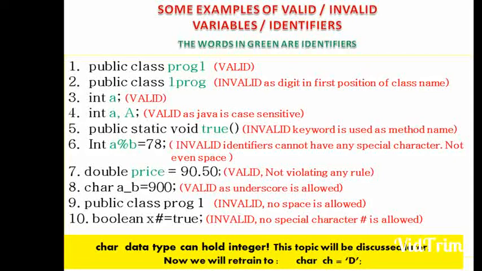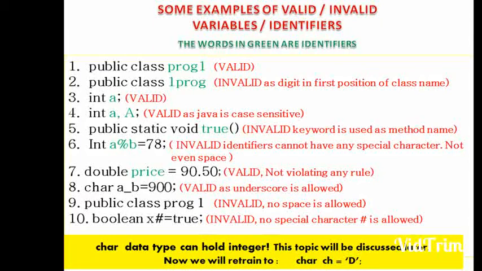The next one, public class 1prog, is an invalid class name, that is an invalid identifier. Why? Because you are using a digit in the first place, which is not allowed in Java.